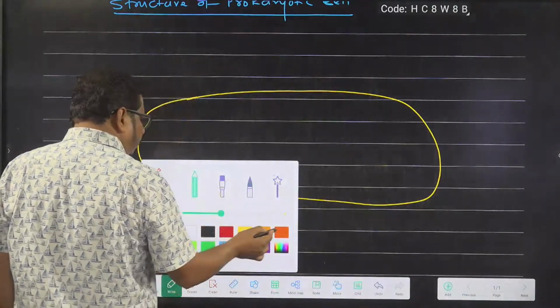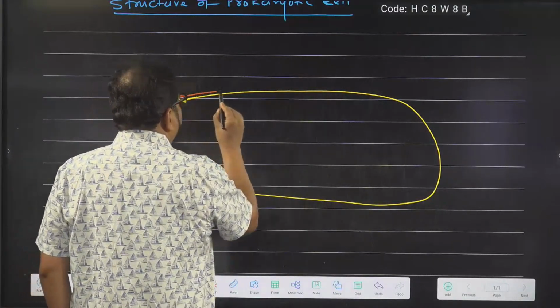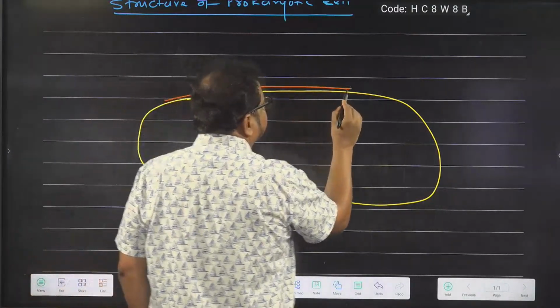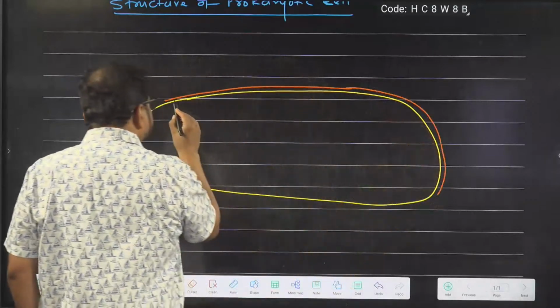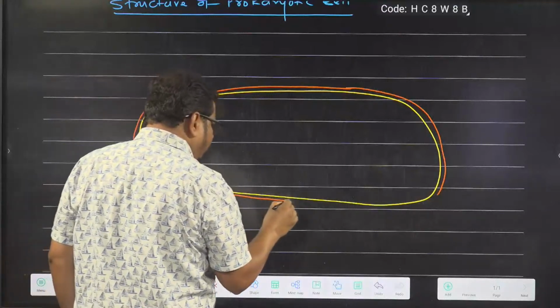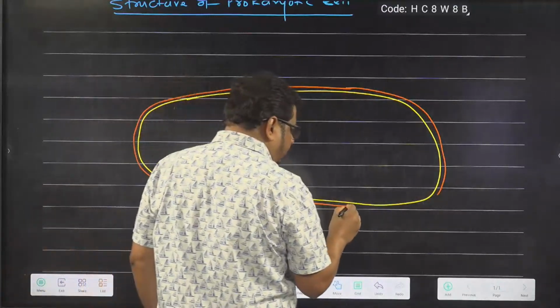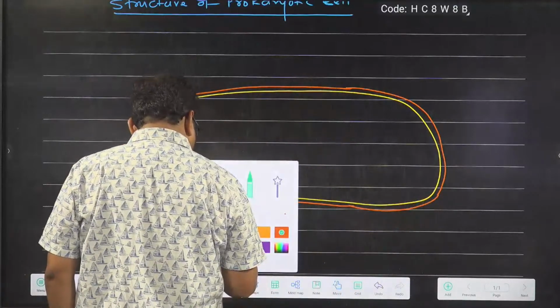So it is one of the coverings. It is another covering. Boundary you can say, or covering you can say. I am making one more layer of the membrane.